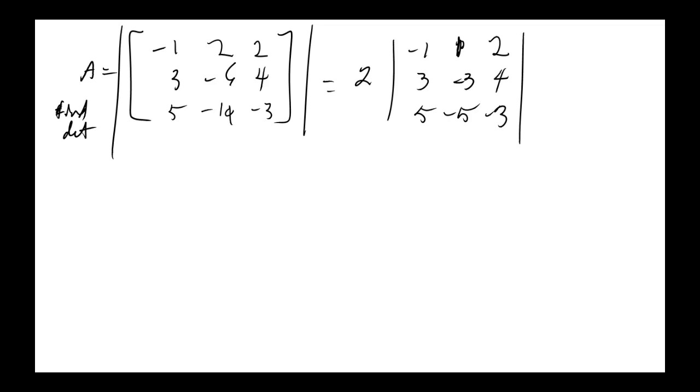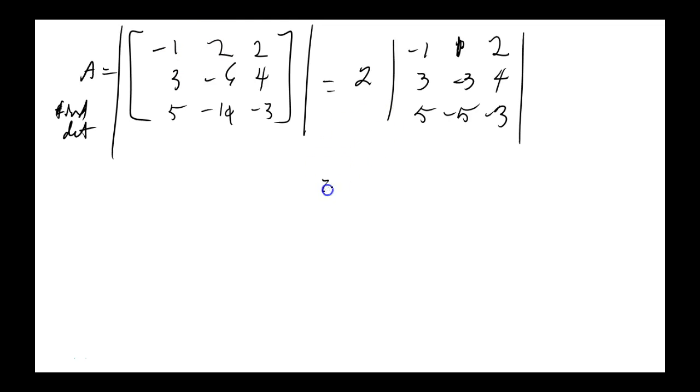And it looks like to me we can add the two columns together. So actually, to begin with, we could have done 2 times column 1 added to column 2, and you wouldn't even need to take out the 2.